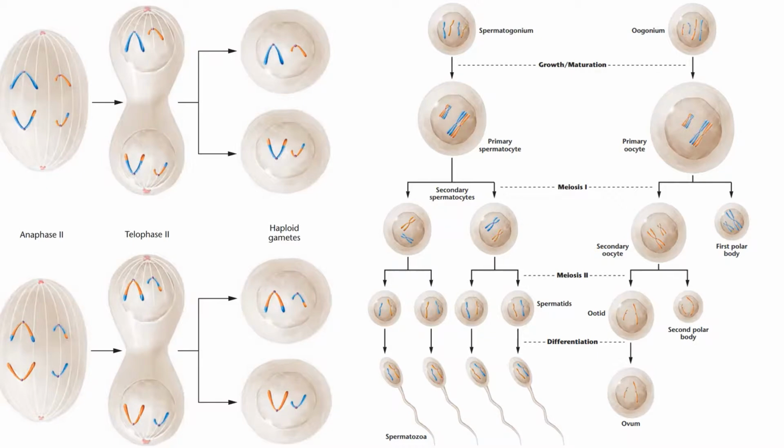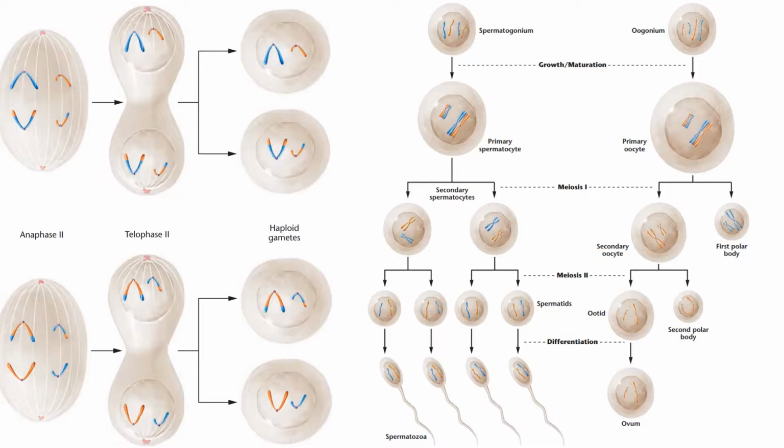So notice just after meiosis 1, the resulting daughter cells are already haploid. And then these 2 secondary spermatocytes further divide in meiosis 2 to become 4 haploid spermatids. And the spermatids mature in a process called spermiogenesis to become mature sperm cells or spermatozoa.